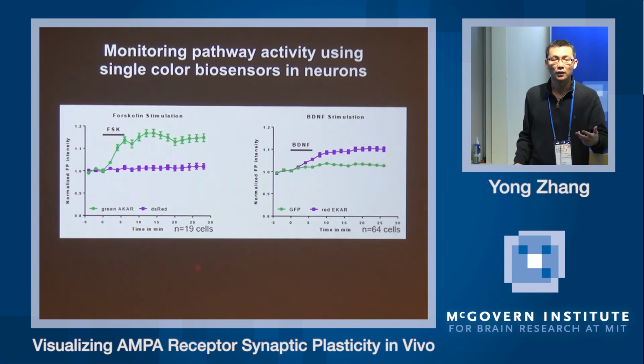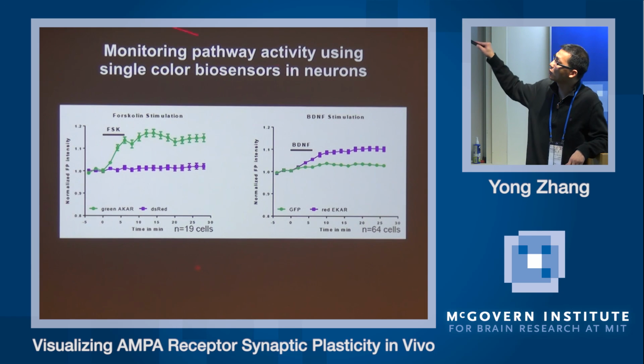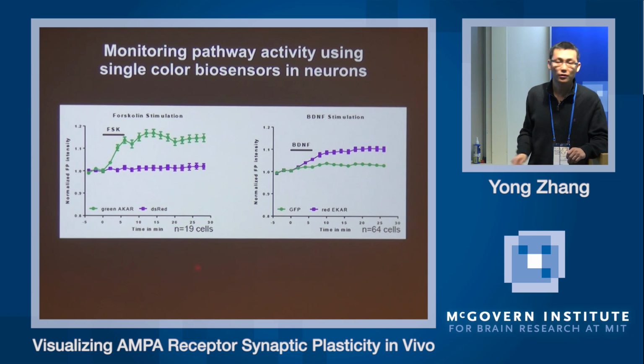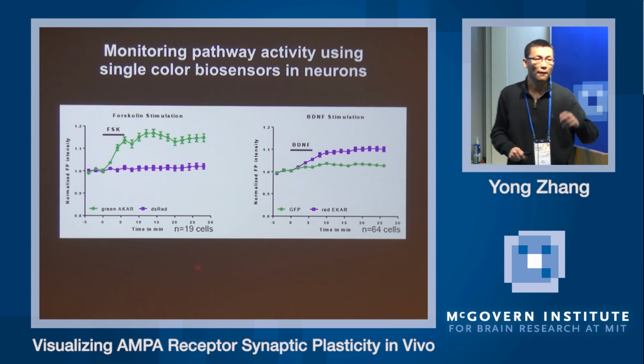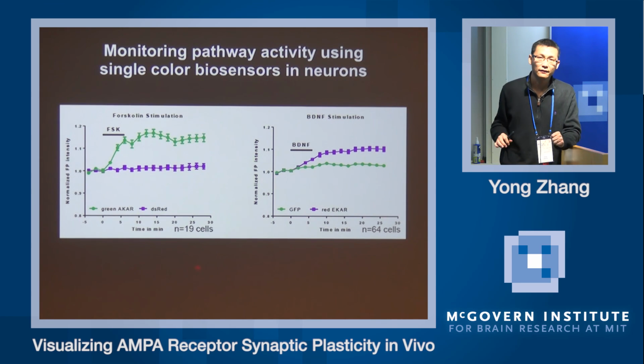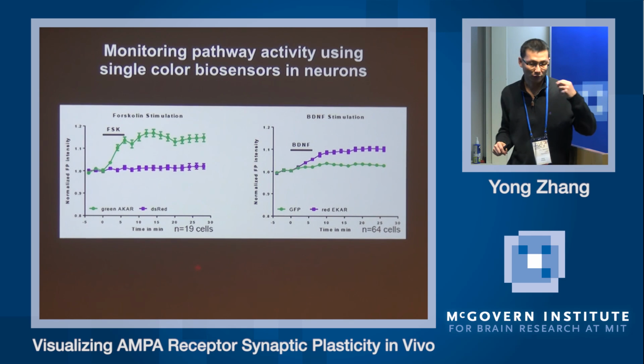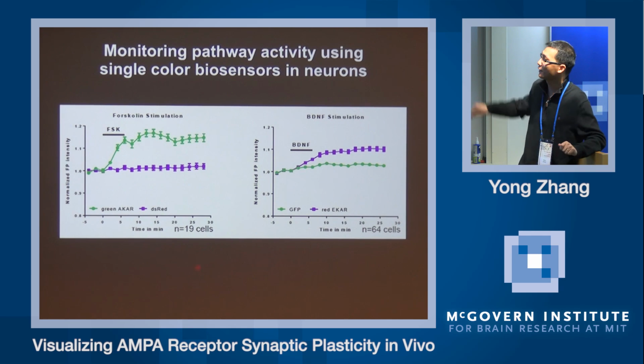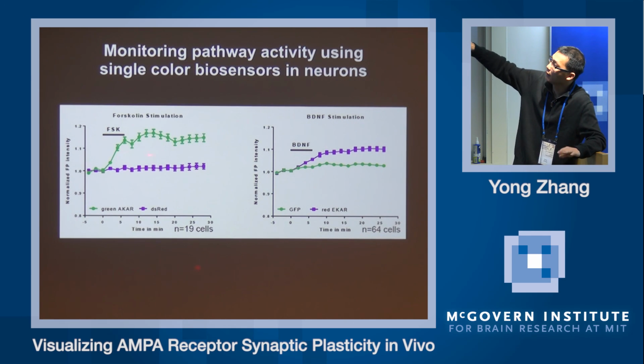And another thing we are in the process of doing is also another type of biosensors. It's the single color biosensors, which can give us a capacity to monitor kinase activity or signaling pathway activity, multiple signaling pathway activity. As shown here, those single color biosensors also work well.